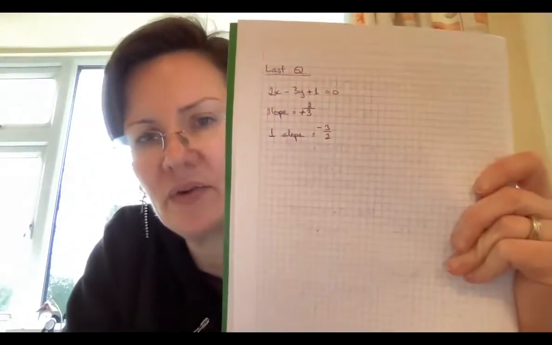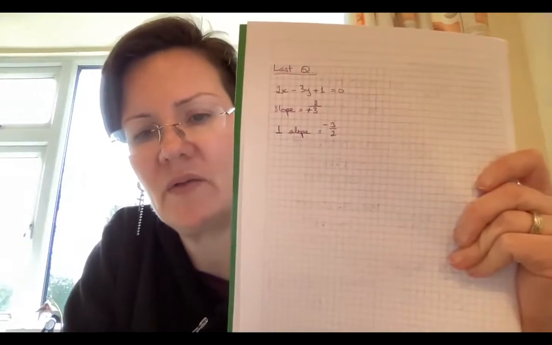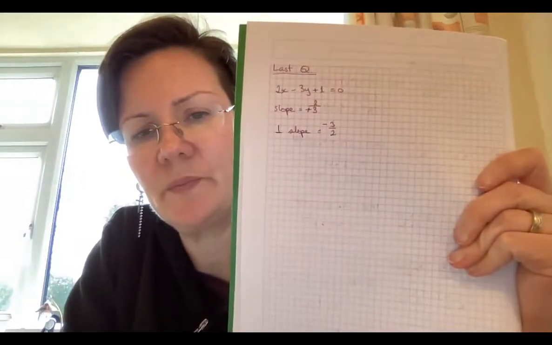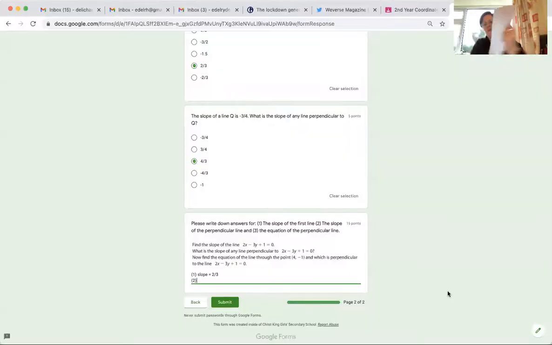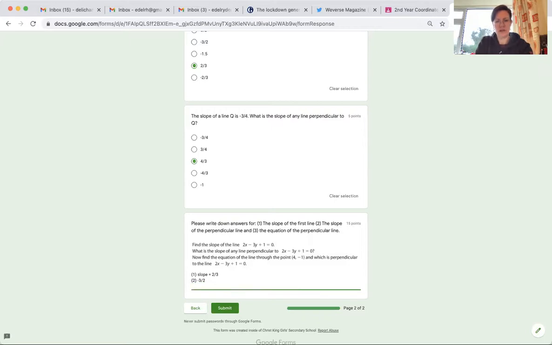So it's -3 over 2 is what I'm looking for there. Oh, sorry, I haven't got it selected. -3 over 2.